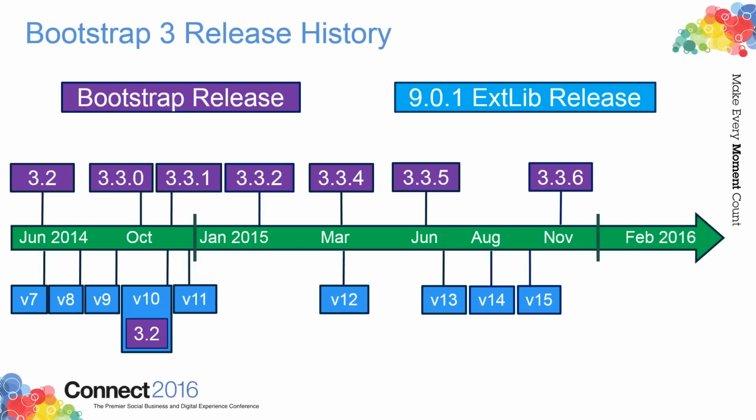You can see there's a steady stream of point releases, minor releases and micro releases all the way along the line. After the June 2014 release of 3.2, in November of that year, a number of months later, we took that release and absorbed the project that Philippe and Mark had started into the XPages extension library proper, and based that on 3.2.